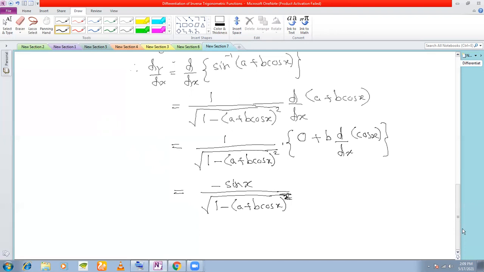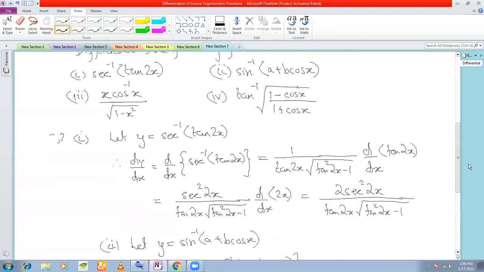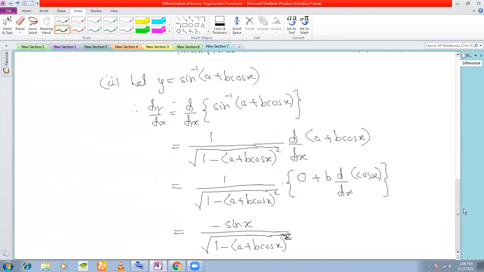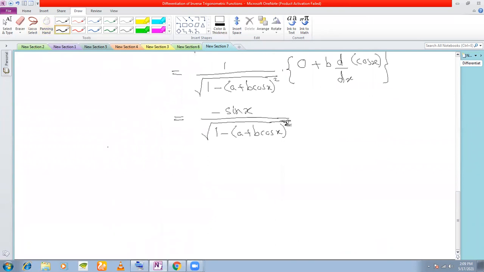Easy. So finally, two sums are left. Number 3 is x cos inverse x by root 1 minus x square.